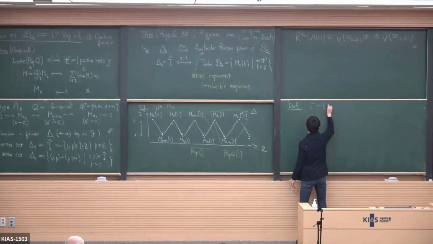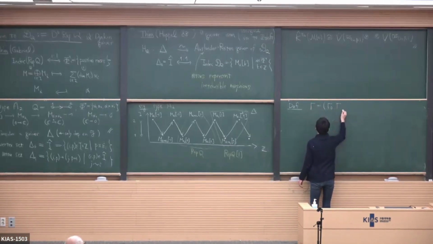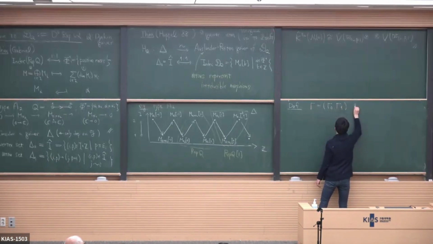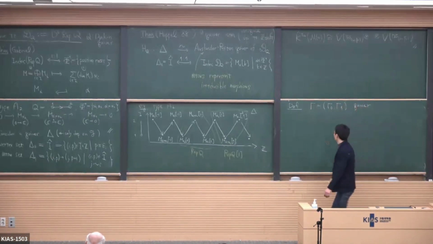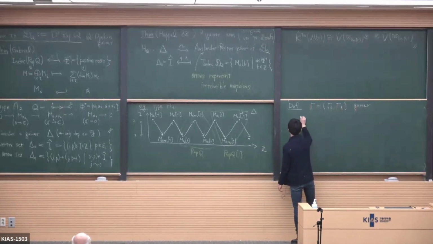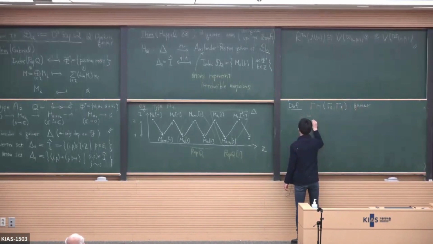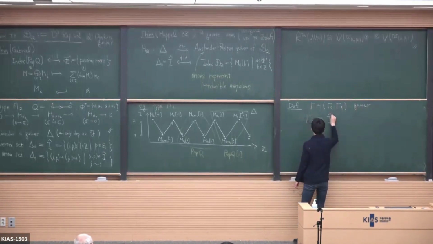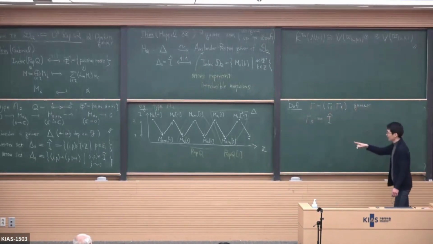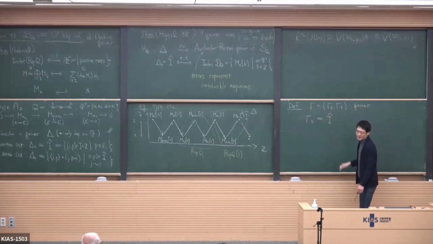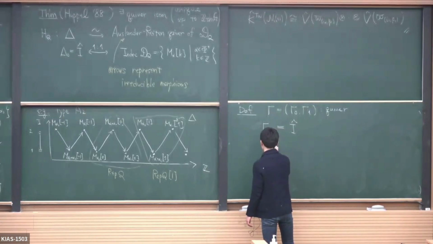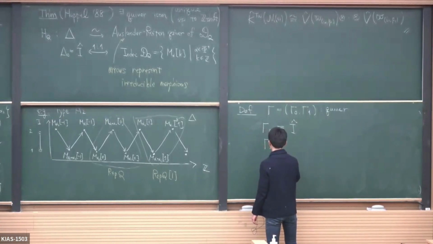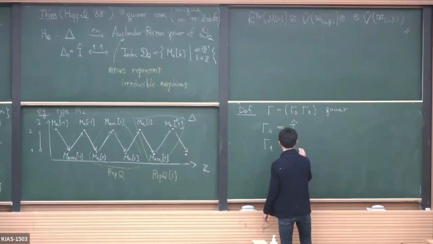So we consider another quiver, gamma, such that the vertex set is the same as before, and the arrow set gamma 1 is given by the following rule.